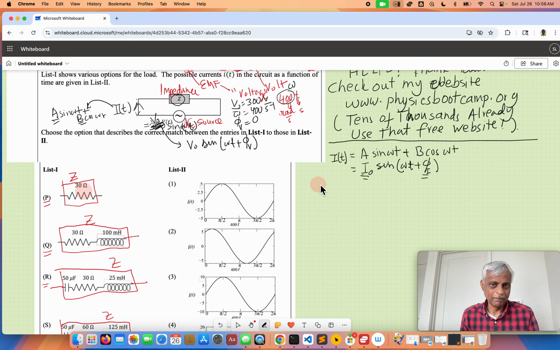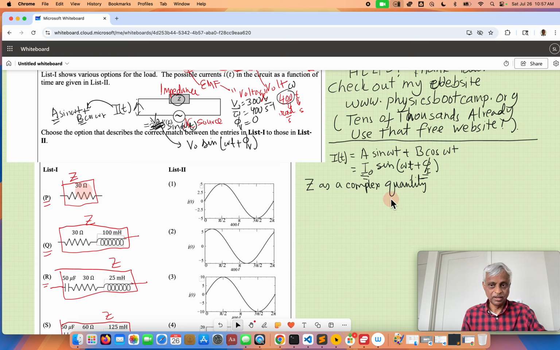The way I like to think about impedance is as a complex quantity in general. Whenever dealing with sines and cosines, it helps to think of them as complex quantities.